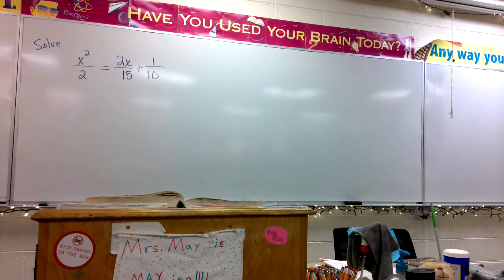And we had to first figure out what was the common denominator. What's the common denominator with those three? 2, 15, and 10. 30. And so then you'd have to figure out what, remember this? What did you multiply? That was so much work.